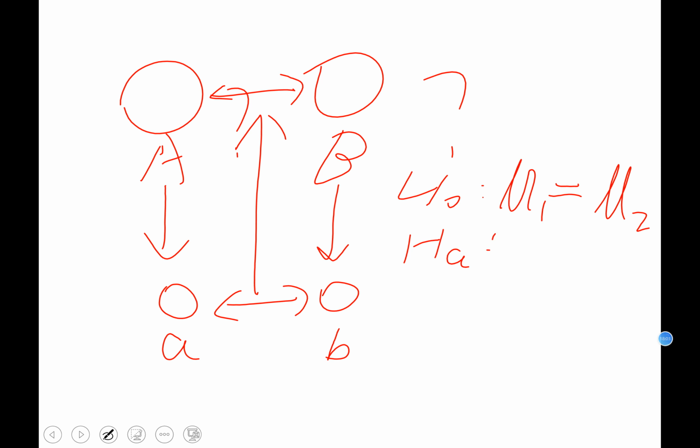So what is the alternative hypothesis? We said that we need to make a statement, and then prove whether the statement is true or not with the data of the sample.